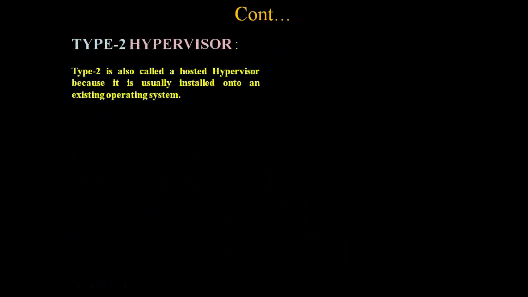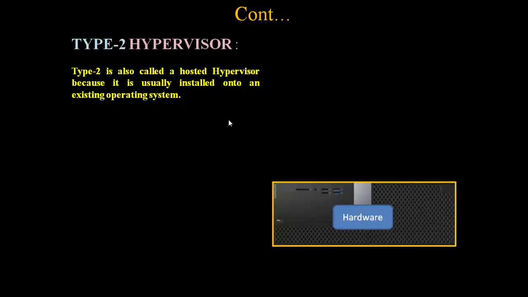A Type-2 hypervisor is also called a hosted hypervisor because it is usually installed onto an existing operating system. As we discussed, there is no operating system in between the hardware and hypervisor in a Type-1 hypervisor, but in a Type-2 hypervisor there is an operating system in between the hypervisor and hardware. So this is our layer of hardware.